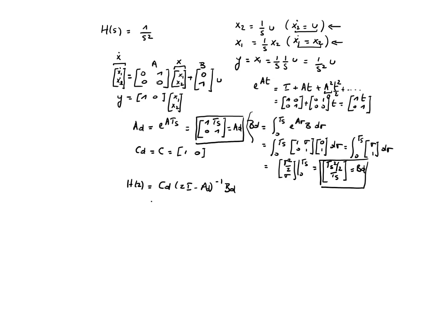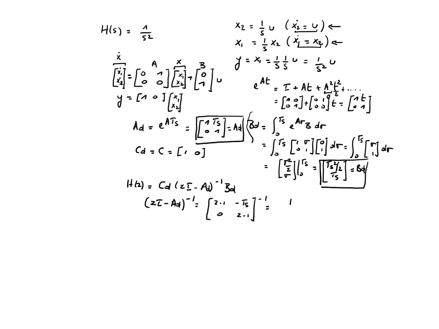So zI minus Ad inverse, here we'll have [z minus 1, minus Ts; 0, z minus 1] inverse.